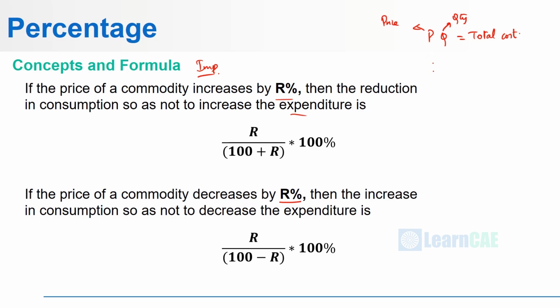So it means when p increases, that is the price of a particular commodity increases by r percentage, then the quantity should be reduced by r by 100 plus r into 100 percentage to maintain the same total cost.